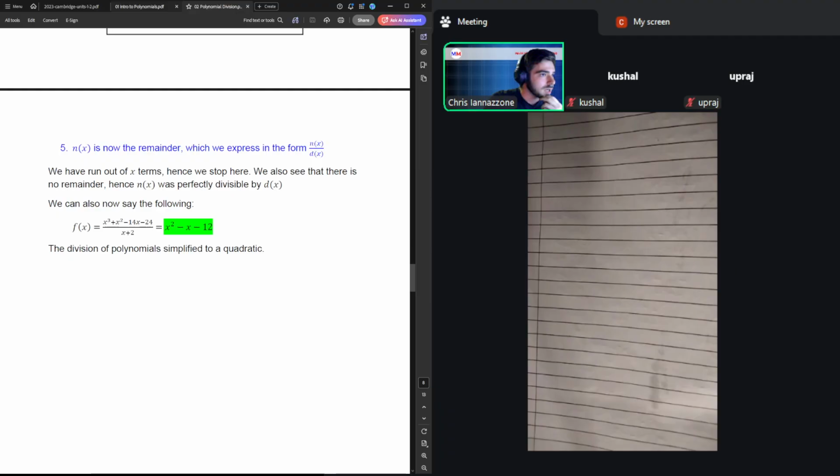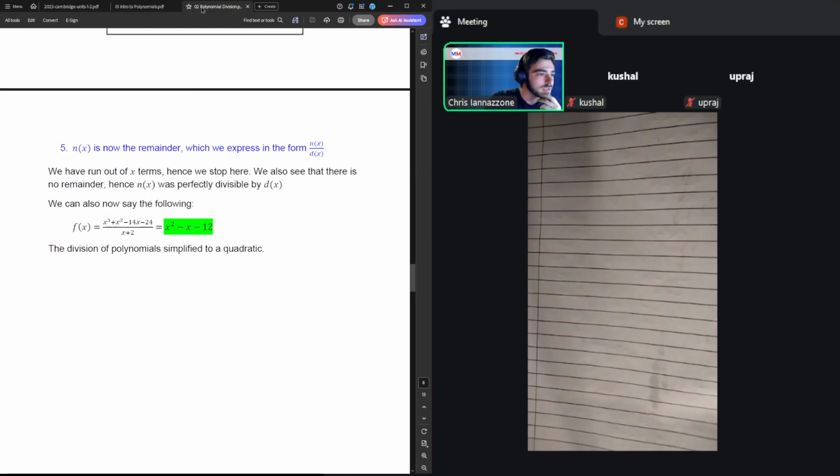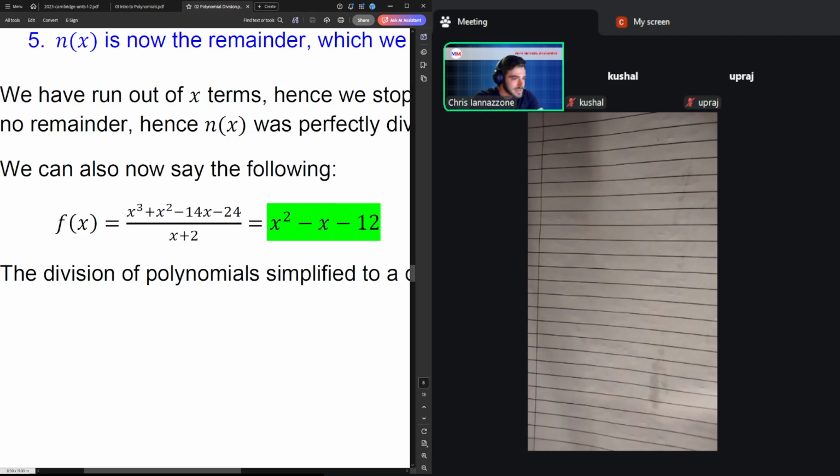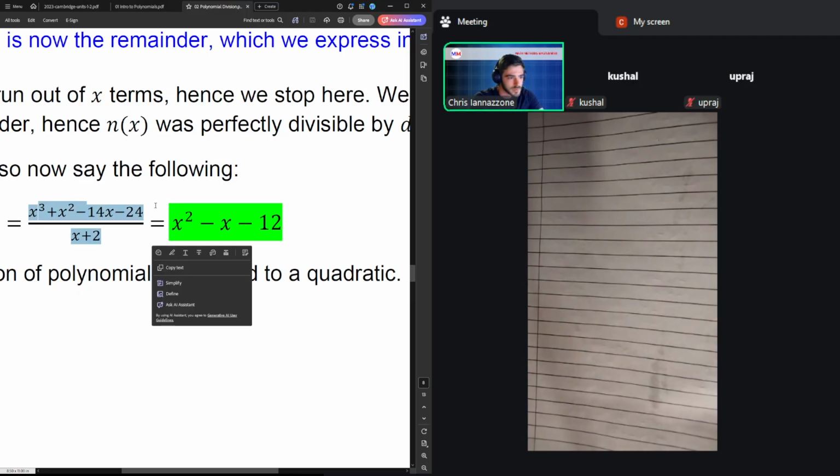Okay, so I mentioned that polynomial division was a way to get us into this factorized form. So far, it doesn't look like it's done that. What's going on? Well, real quick, you'll notice that this is an equation. You've got something divided by something equals something. All I've got to do is take this denominator, multiply it across to that side, and suddenly we have a quadratic times a linear is equal to that cubic.